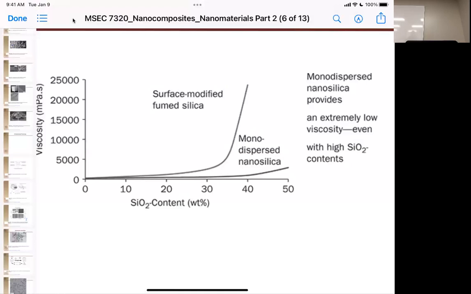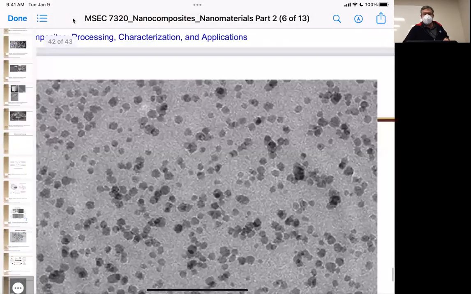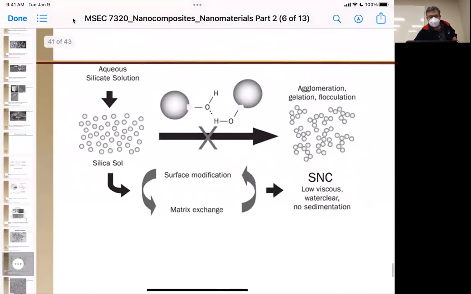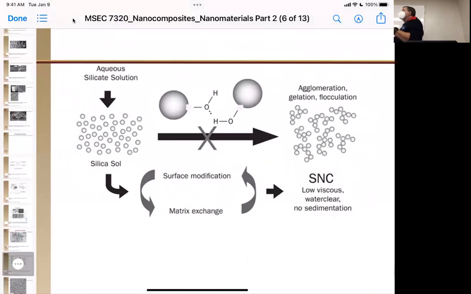However, if you change the surface area, or the surface area and the surface energy, you can actually get a dispersed system. Now, in that monodispersed system, what they've actually done is take the amorphous nanoparticles and aggregate them together chemically.